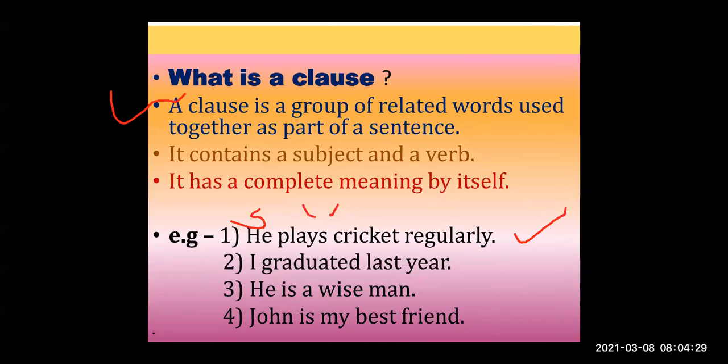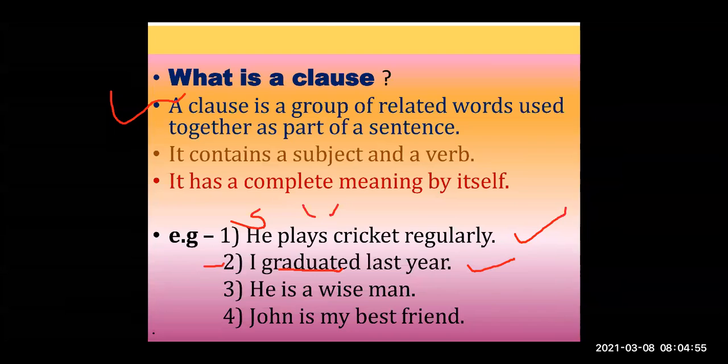We will see the second example. Second is, I graduated last year. Again, this is a sentence, and it contains a subject and a verb. I is the subject and graduated is the verb, and the sentence has a complete meaning by itself, that I graduated last year.